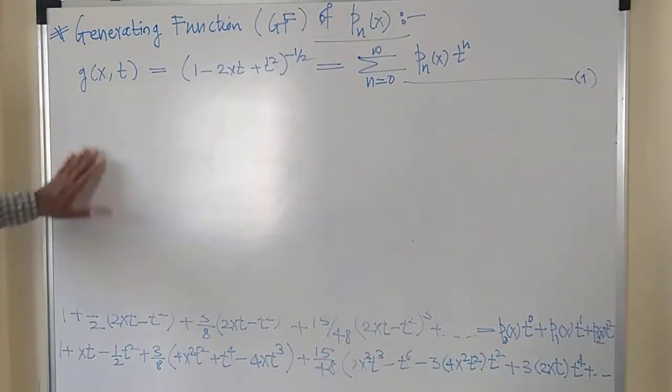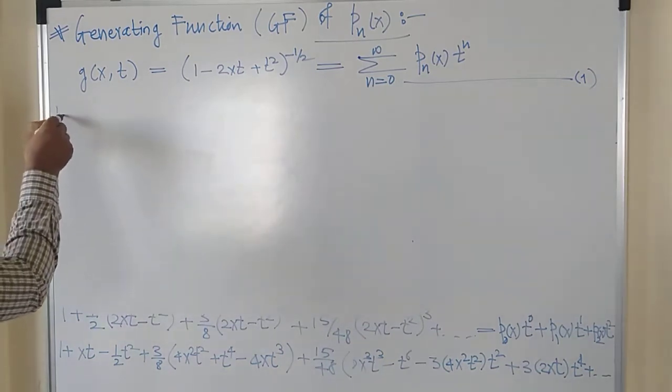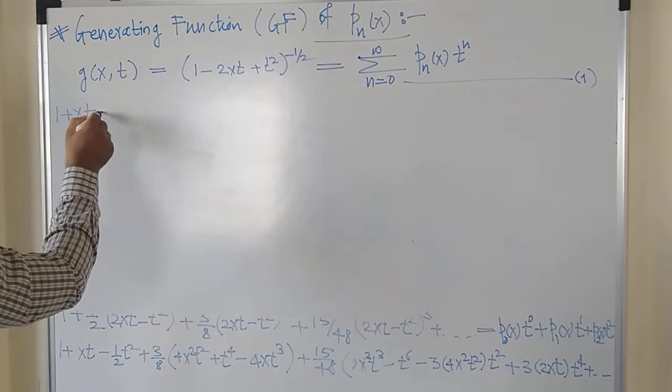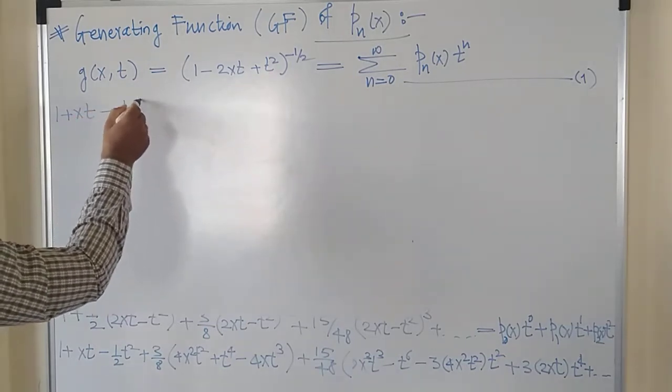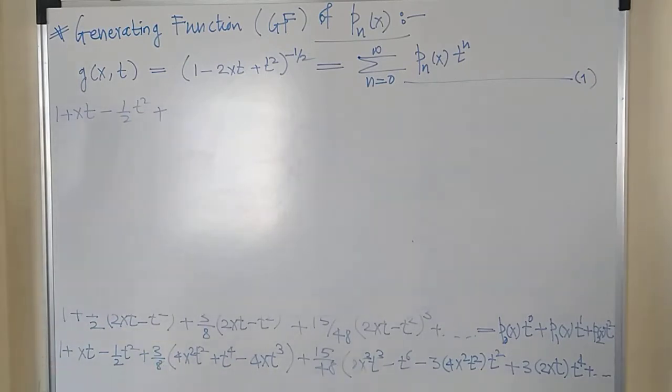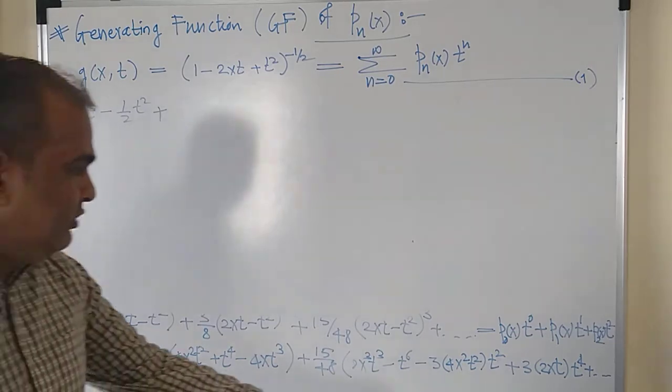Now the first term is 1 plus xt, minus half t square, plus, now let us simplify this. This will be 3 by 2 x square t square, and I am having t square here also.